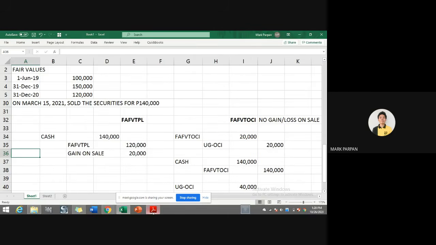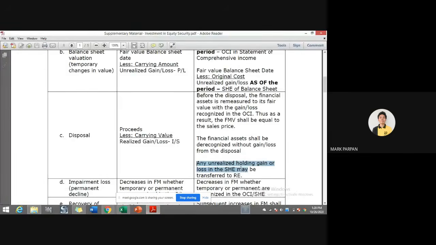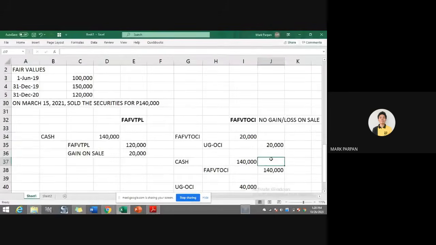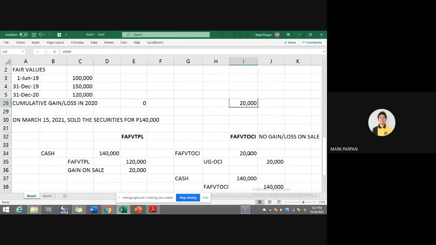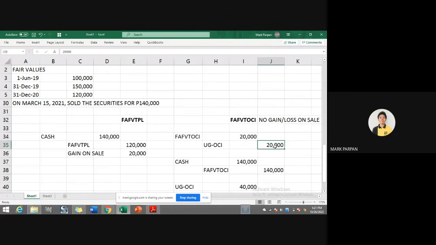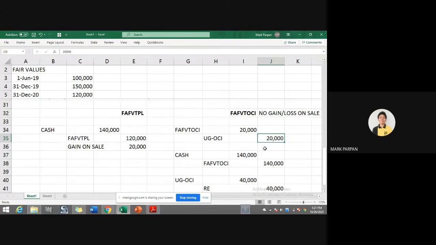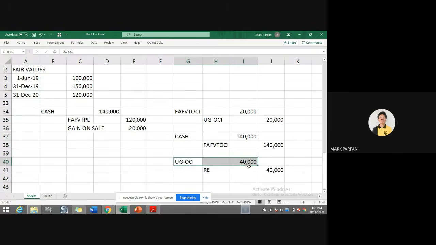And lastly, any unrealized holding gain or loss in the SHE may be transferred to RE. Our cumulative amount from last year is 20,000, right? And now another 20,000. So your total unrealized gain is 40,000, and you transfer that to your retained earnings.